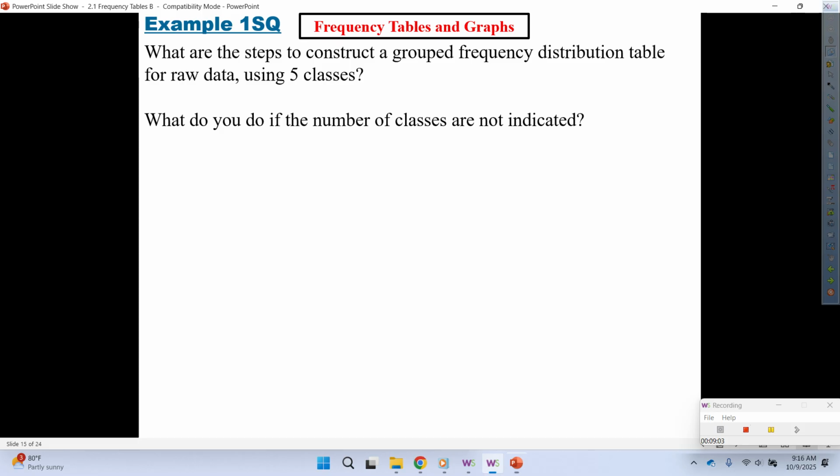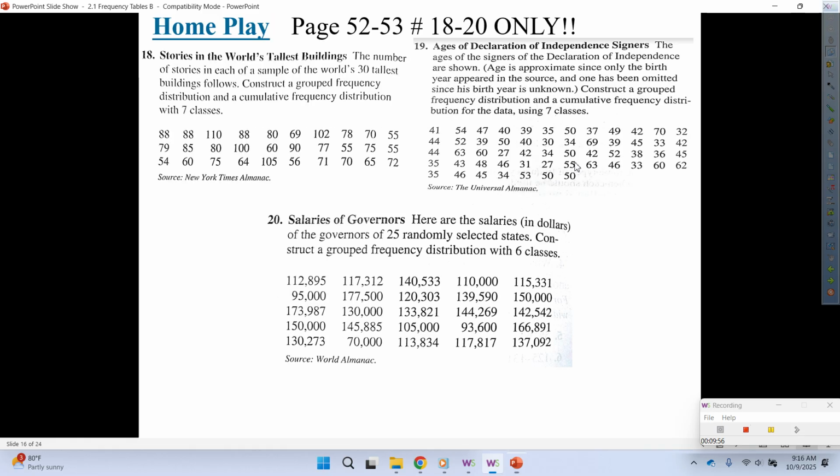What are the first 2 steps? Find the range. Very good. That's the first step. And what is the second step? The width, which is the range divided by 5, which is the number of classes. And the question, what do you do if the number of classes are not indicated? What is our rule of thumb, everyone? 5. All right.